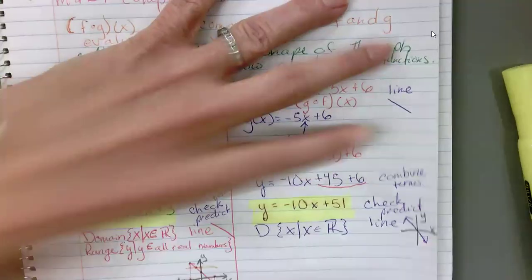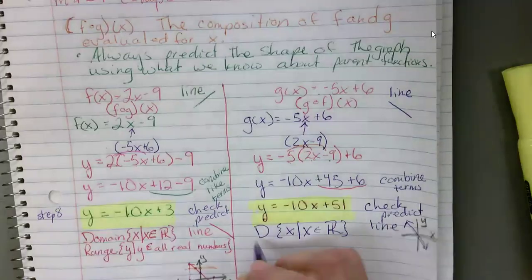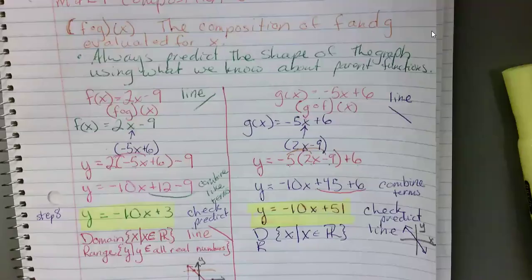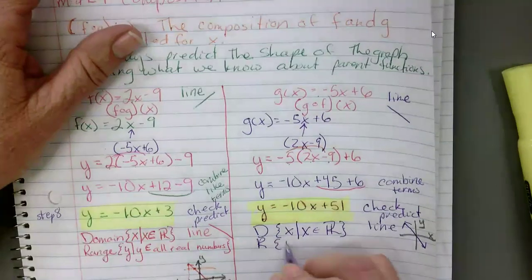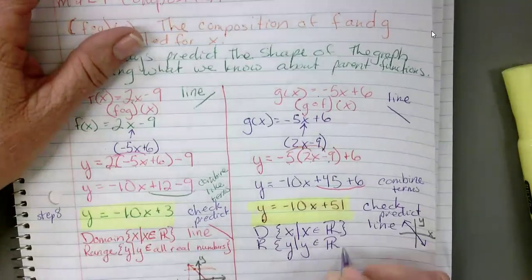Now, if you remember in our step 11, where it says find the range, right? It says in a line, it's usually all real numbers. So our range is also going to be y such that y is an element of all real numbers.